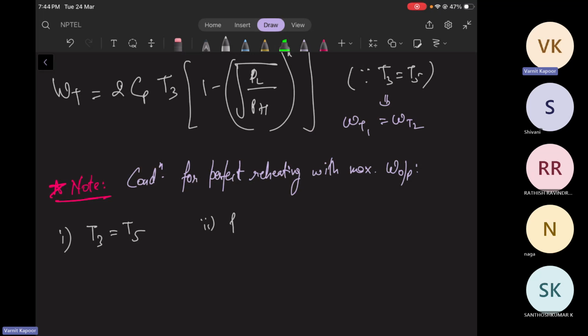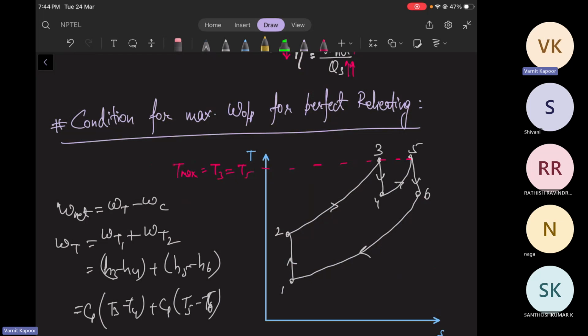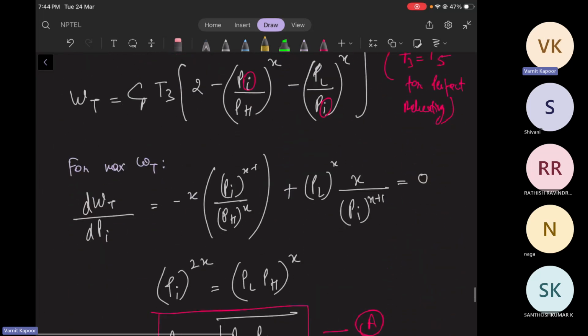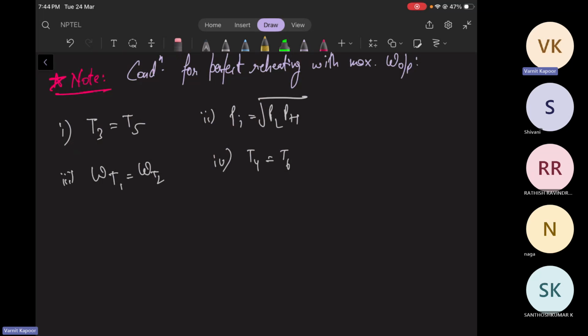The second condition which we derived was that the intermediate pressure is under root of PL times PH. The third condition we have got is that the work done by turbine 1 is equal to the work done by turbine 2. And one more condition is that T4 will also be equal to T6. This will also come out to be equal. We can derive this, but I don't want to go into T4 equal to T6.